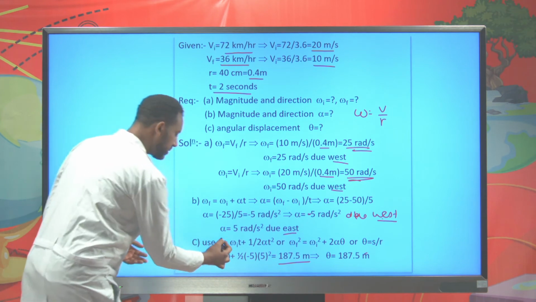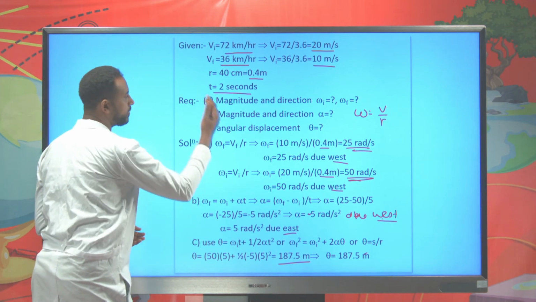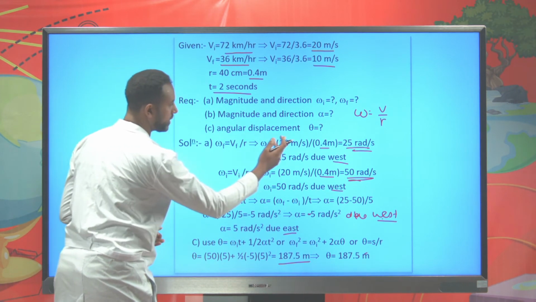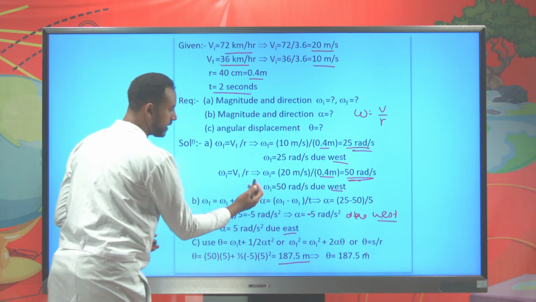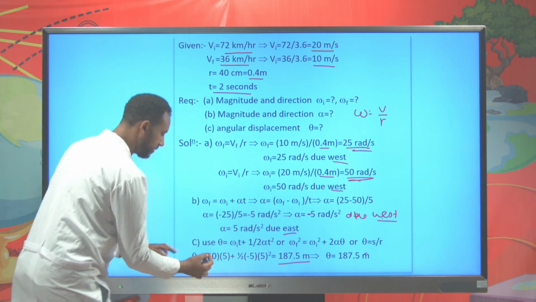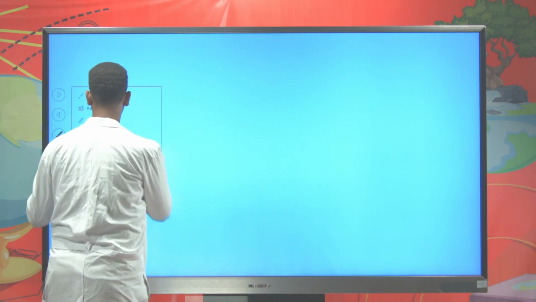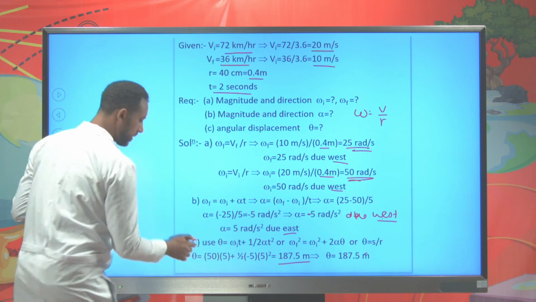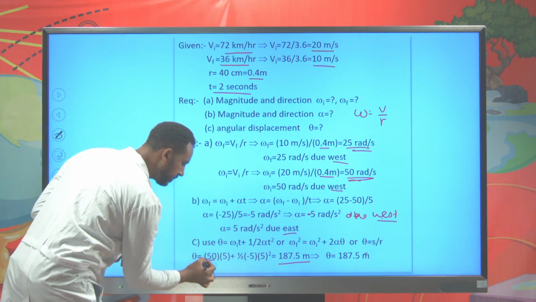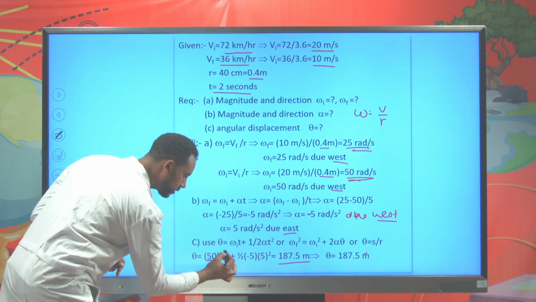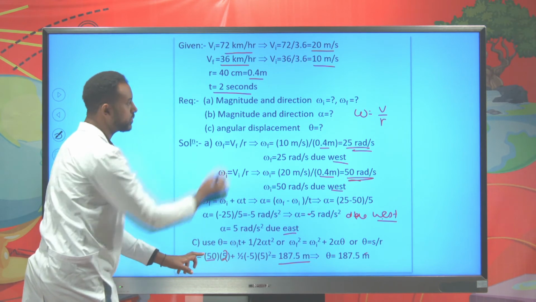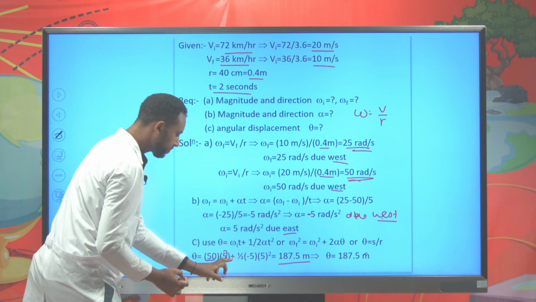Therefore, theta equals omega initial, which was given to be 50 rad per second. Actually, we have to use the initial angular velocity, 50, and the time it took is 2 seconds, so we put 2, plus 1 over 2.